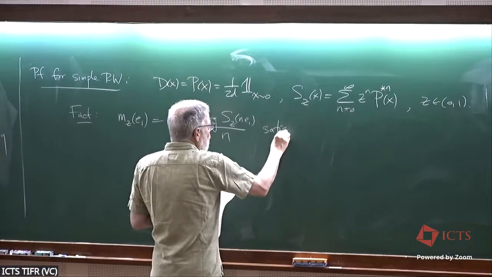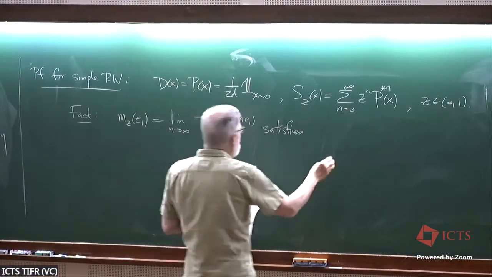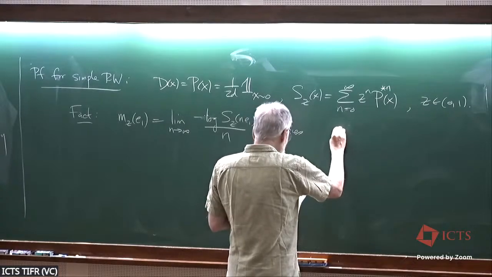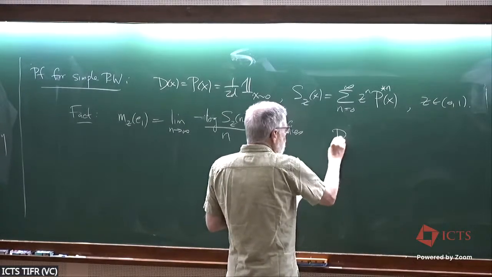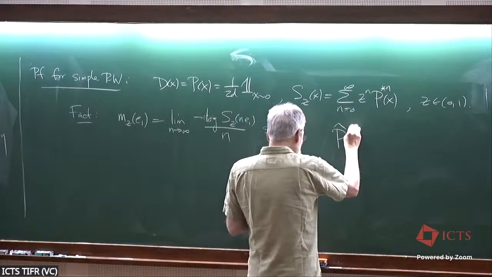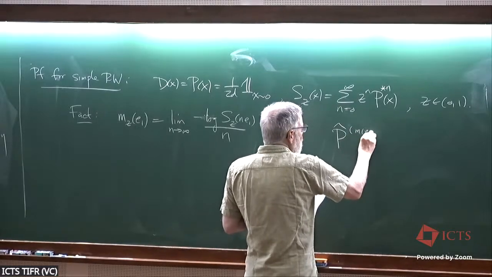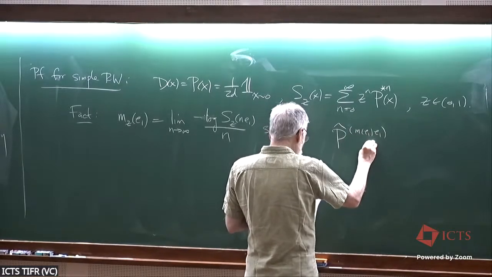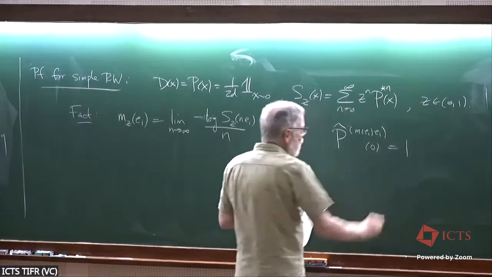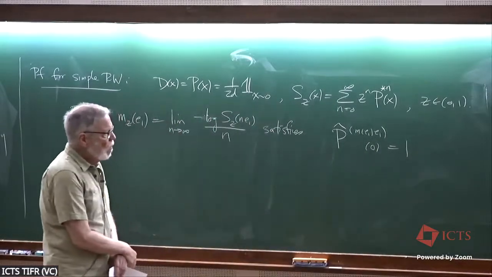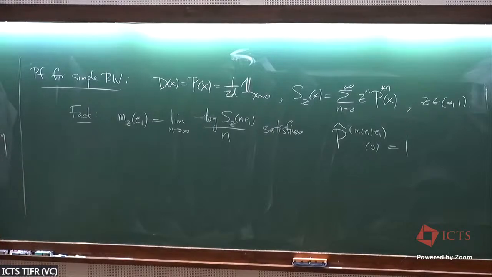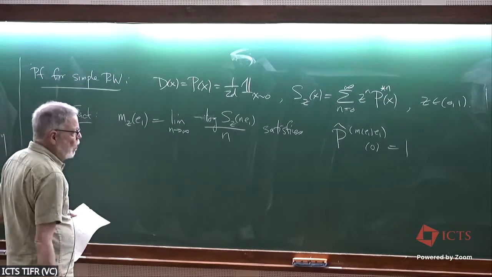I'll tell you what goes into the computation. It satisfies that when you tilt P by m(z)e1, you should get 1. That's coming from the susceptibility being infinite. And so just solve that equation.